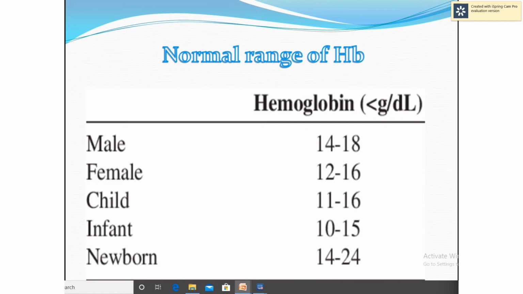Aplastic anemia is a disorder where blood forming stem cells in the bone marrow are attacked by the immune system, resulting in fewer red blood cells. And hemolytic anemia can be the result of another condition or it can be inherited. It occurs when the red blood cells are broken up in the bloodstream or spleen.